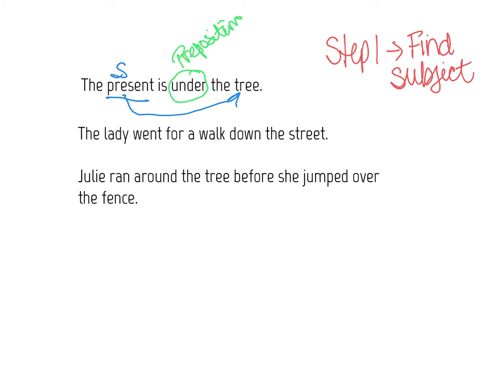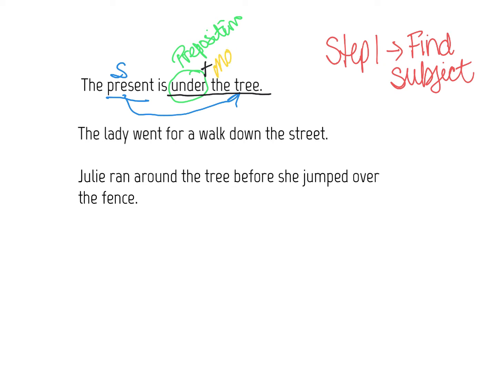It's under it. Now, if you'll notice, under the tree, we call this a prepositional phrase. It starts with a preposition. Then it has what we call any type of a modifier, which, if you remember in our past lessons, is any type of an adjective, including the, because that is one of those articles.